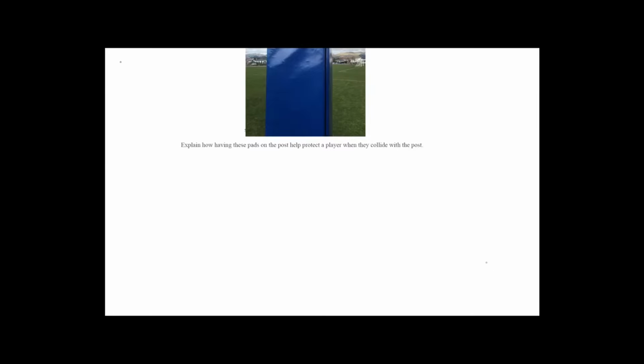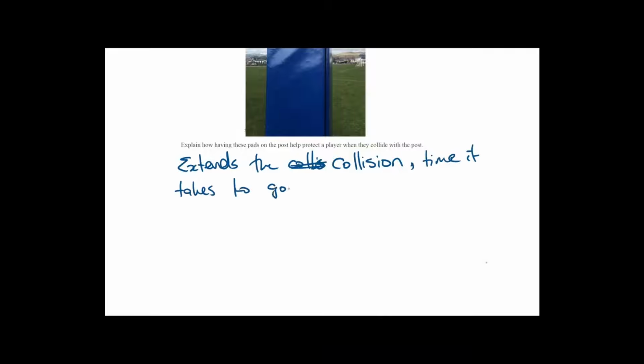Well, the main reason that it protects is that it extends the collision. I have to remember to write legibly. When I mean that, I mean the time it takes to go to zero velocity. So it minimizes the impulse to decelerate.